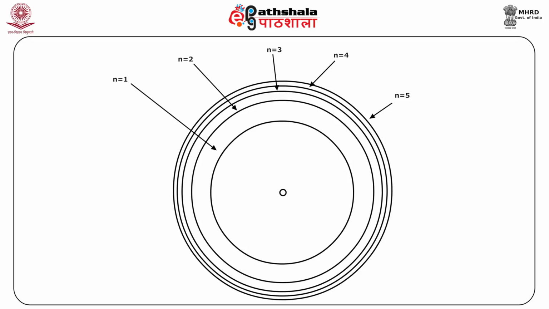Also, it is noteworthy that the energy levels get closer to each other as the distance from the nucleus increases. This is represented in the figure, which shows the increasing energy levels of n in the shell.